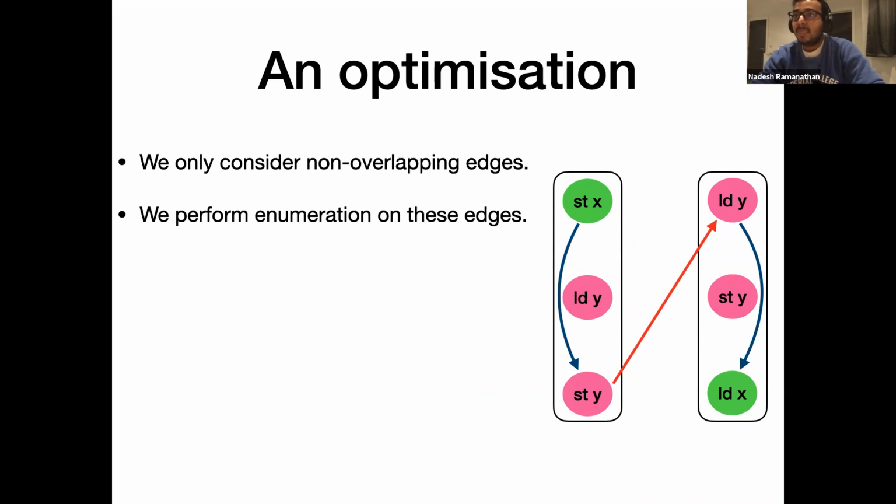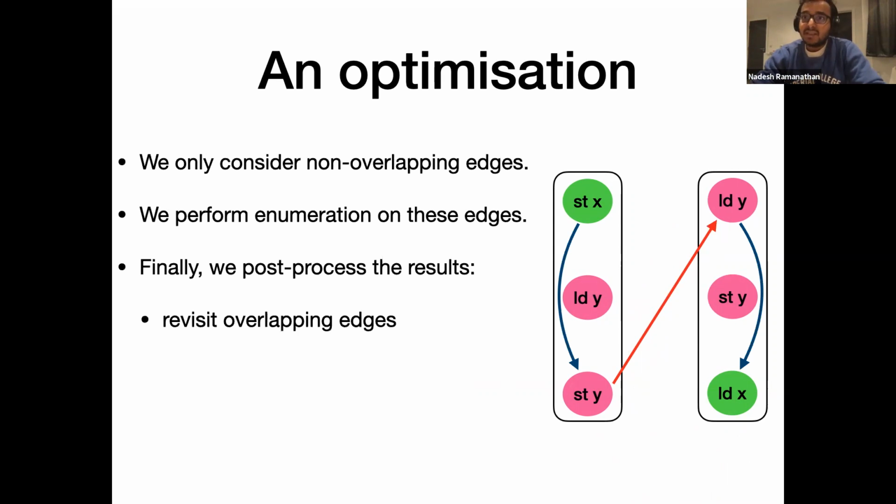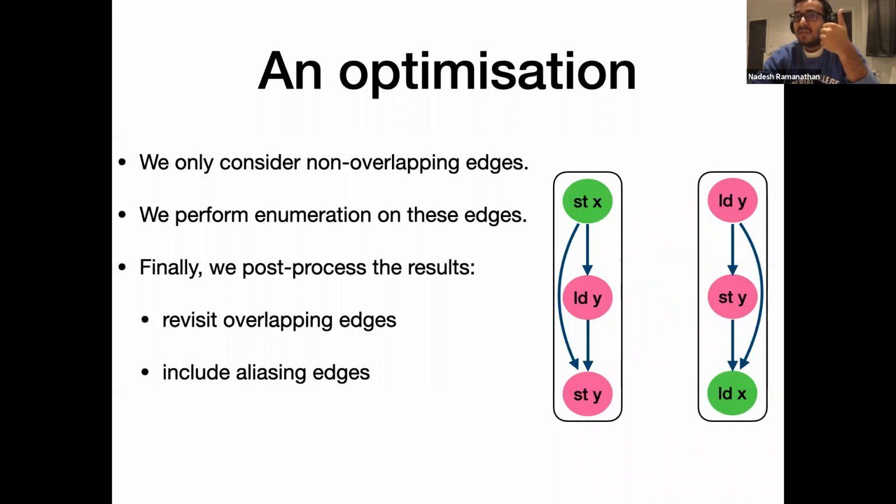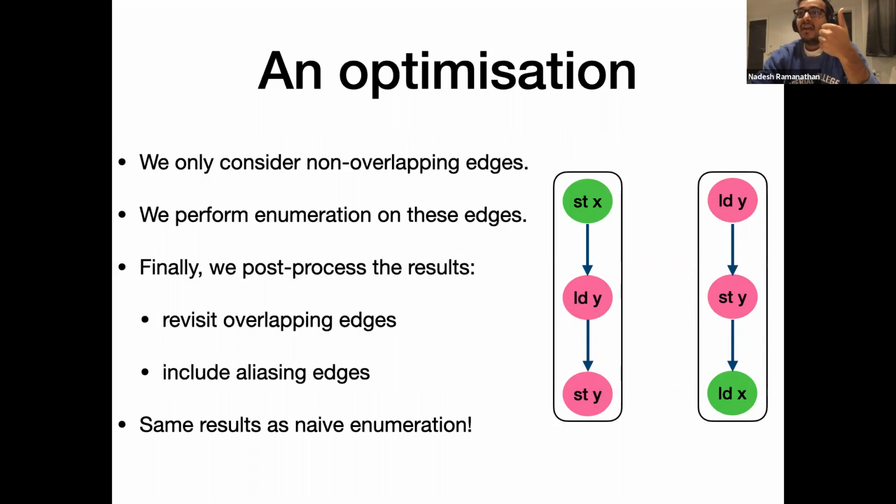Using this initial result, we can then post-process and reconstruct the edges that we require by visiting the overlapping edges and also the aliasing edges. And we were able to obtain the same results as the naive implementation. I will show you some timing results in a short while.